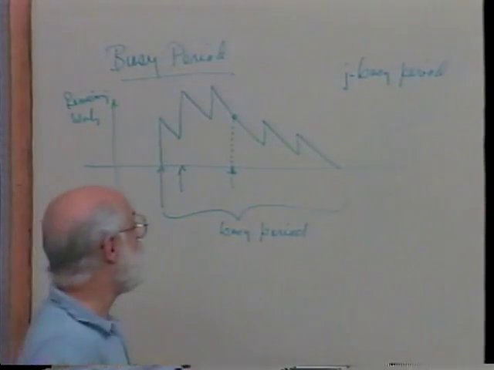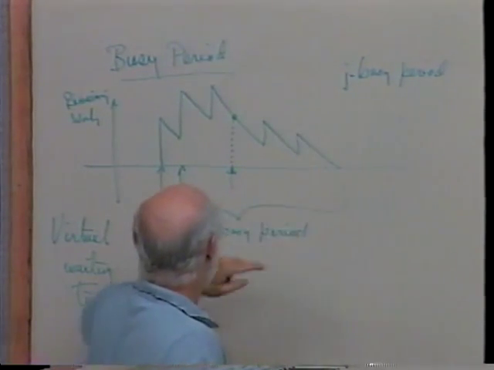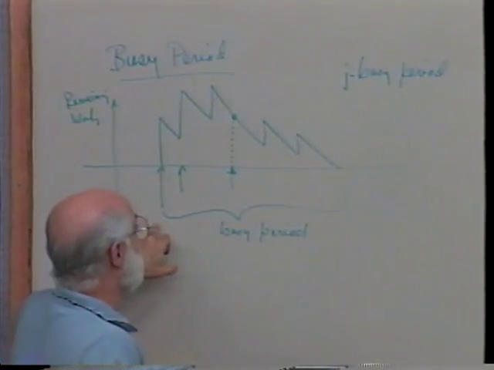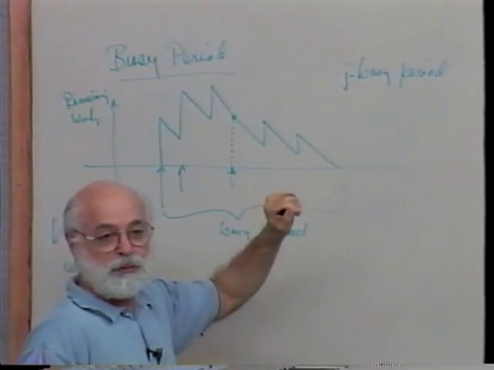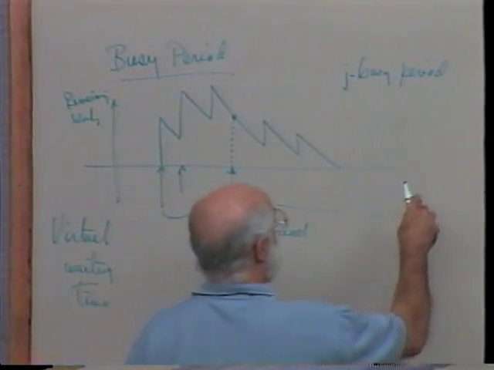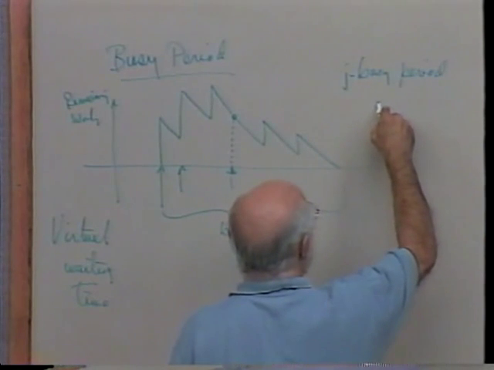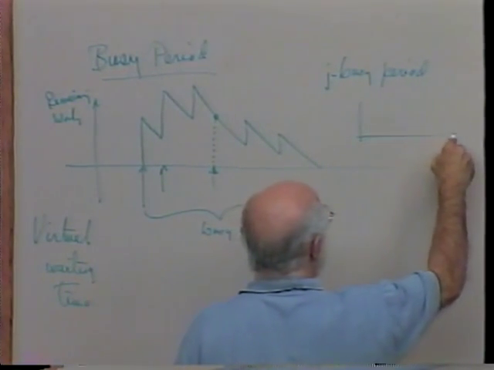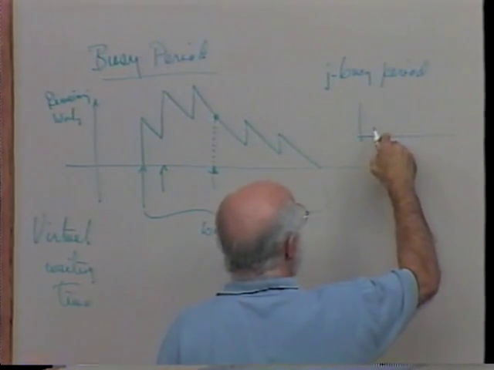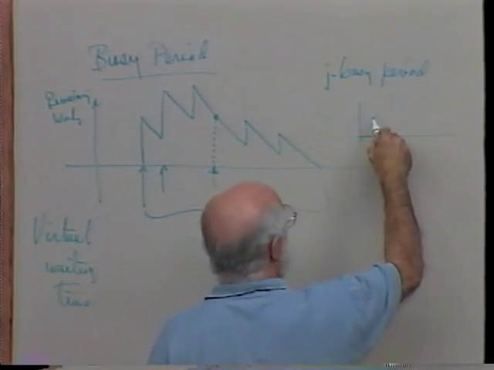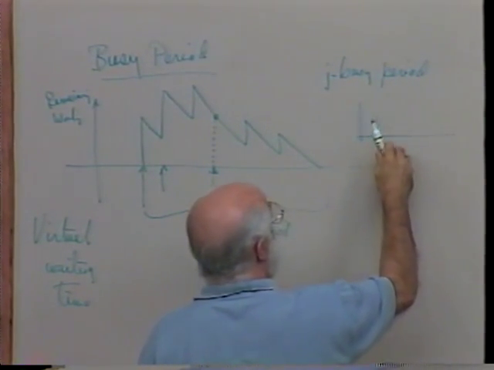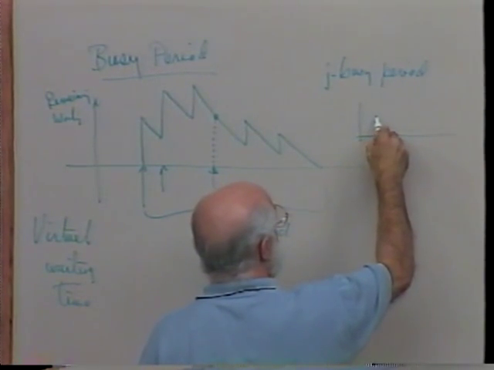Okay, now, the J busy period. The J busy period, by definition, is a busy period that begins with not one customer present, but J customers present. So a J busy period might look like this. Let's say that a customer arrives and the server doesn't do anything, and that's the service time of that customer.